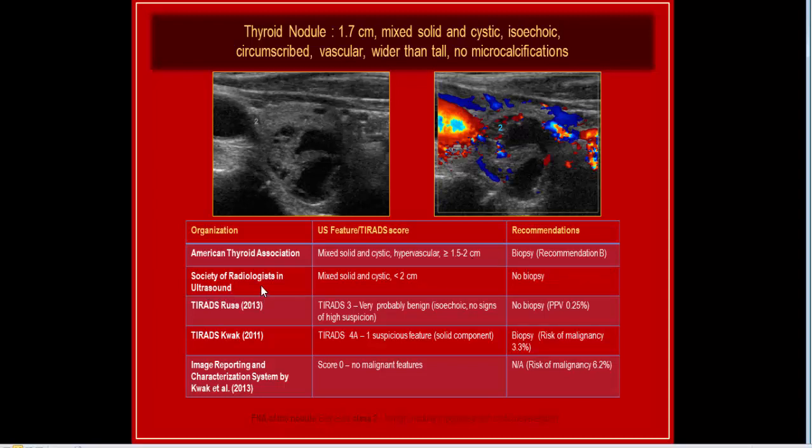By the Society of Radiologists: mixed solid cyst less than 2 centimeters, no biopsy. By TI-RADS Russ: TI-RADS 3, very probably benign, isoechoic, no sign, no biopsy. By TI-RADS Kwak: TI-RADS 4A, one suspicious feature, solid, biopsy. Image reporting system by Kwak modified: score 4, no malignant feature, no risk of malignancy.